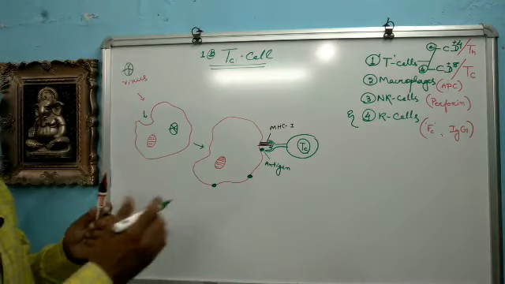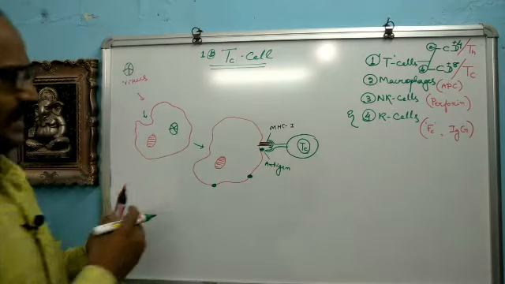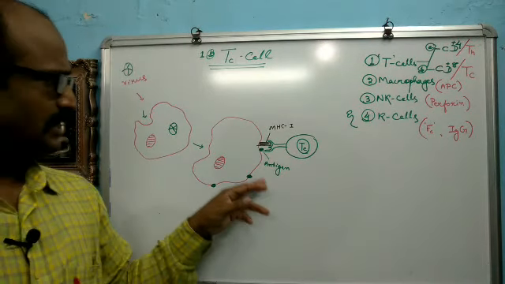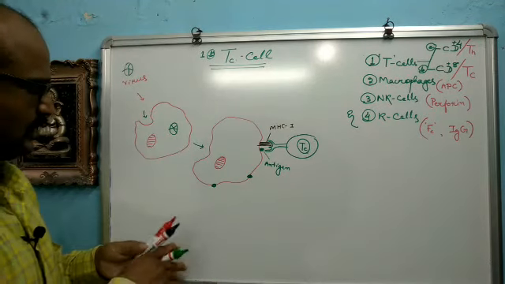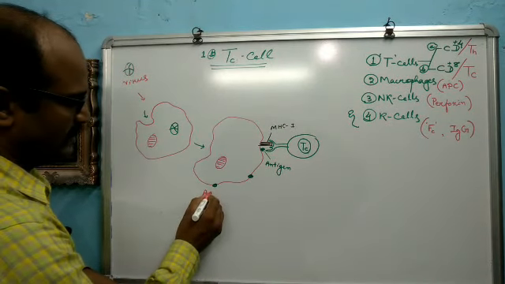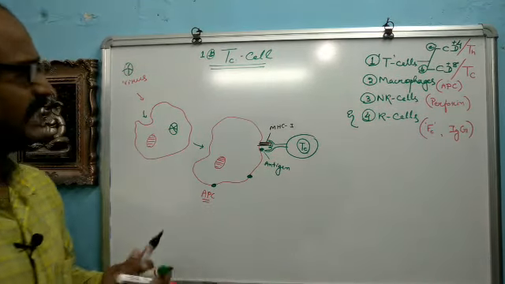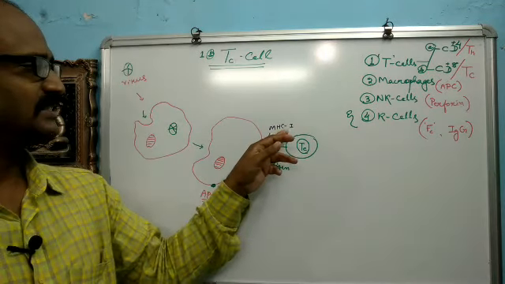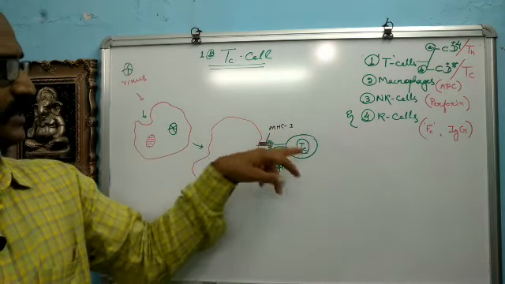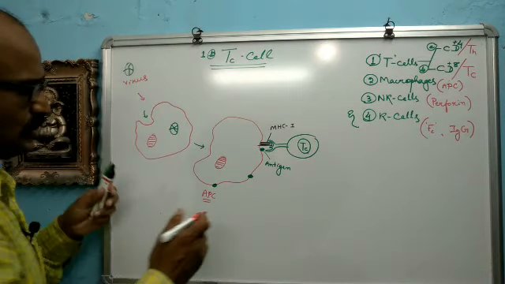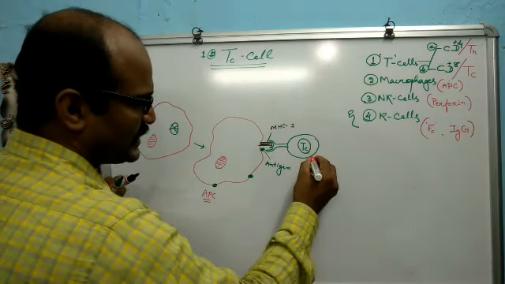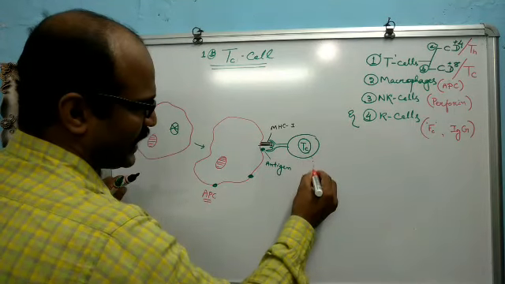So the TC cell recognizes the antigen if the antigen is presented on the surface of the antigen presenting cell in association with MHC class 1 molecules. At that time, the TC cell is activated.